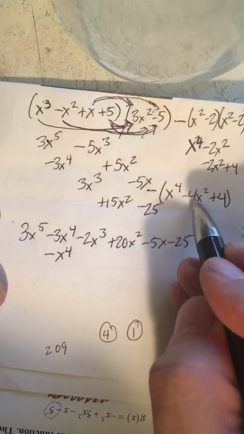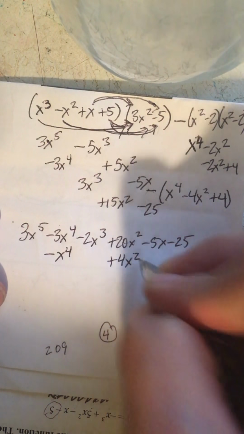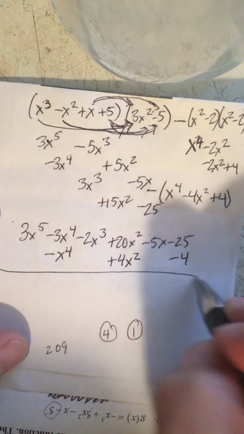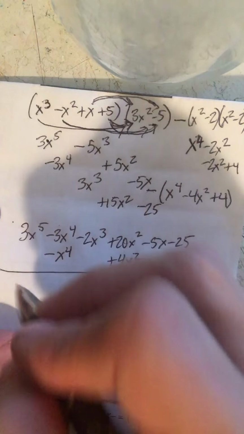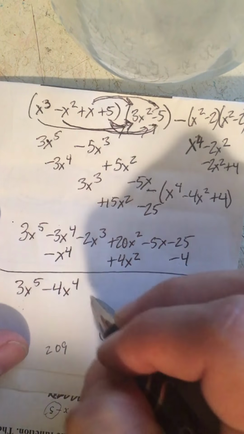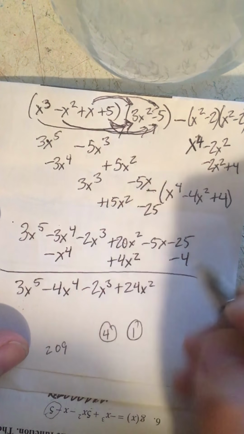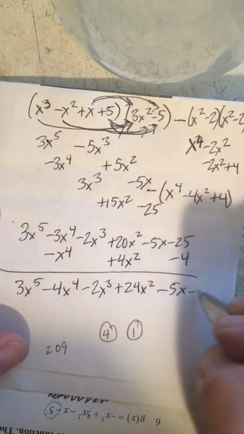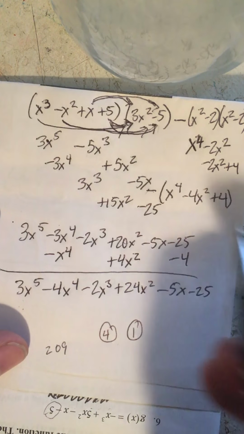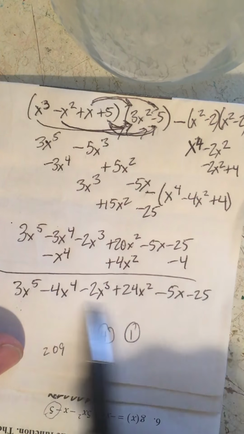This will be plus 4x squared, so put it right underneath here, and then that'll be minus 4, and then I'll just combine like terms straight down. I'll get 3x to the fifth minus 4x to the fourth minus 2x to the third plus 24x squared minus 5x minus 25. And now that's going to be an expression of the shaded area, because this was the total area minus the fountain. Gives me this answer right here.